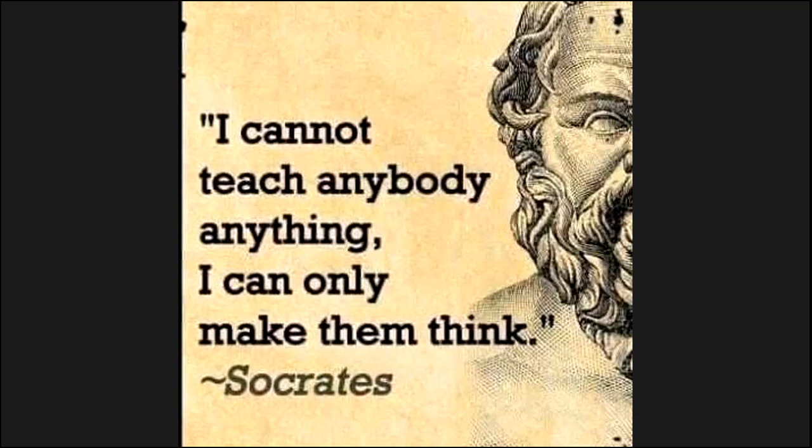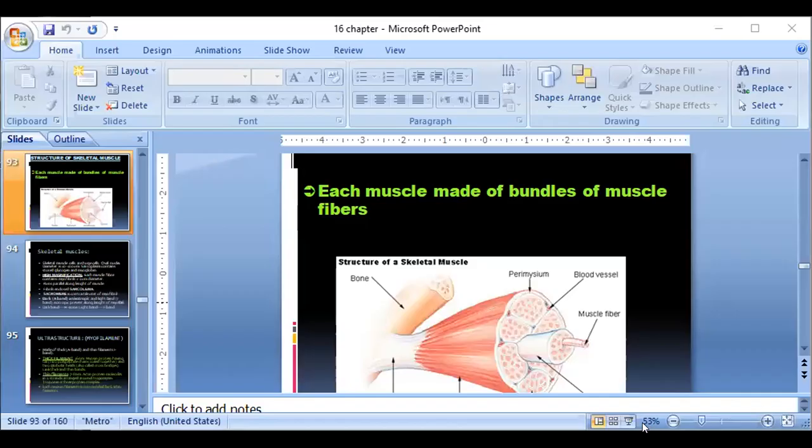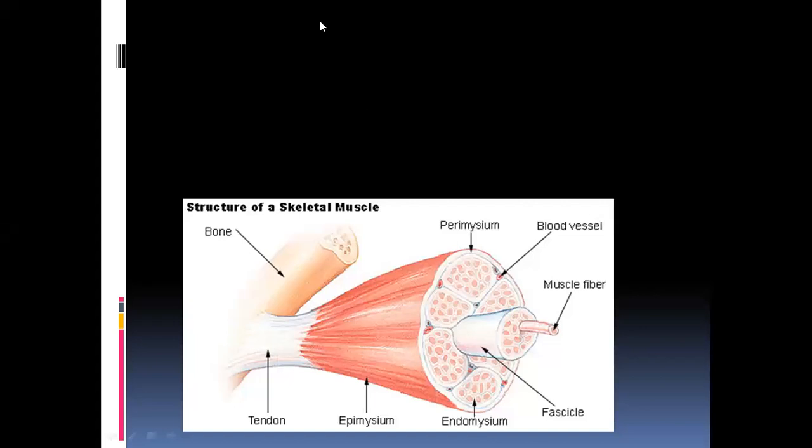Going to the share screen, first of all, let us go to the presentation and let us see what we have in the presentation. And from the presentation, then we will come to the board. The skeletal muscles that we have in the human, we are going to study the skeletal muscles of the human body.